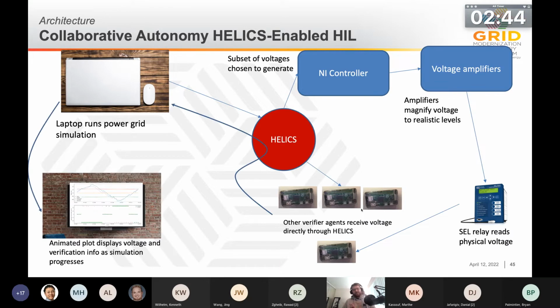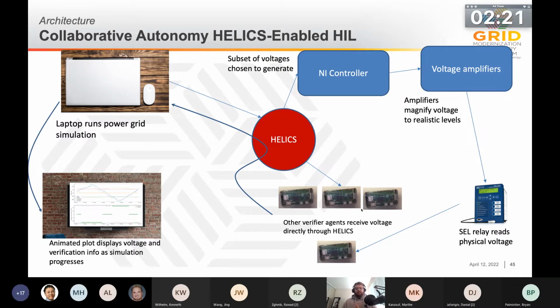Yeah, there we go. Okay, so we have these Raspberry Pis, and some of you might be familiar with them, but for those of you that aren't, Raspberry Pis are very inexpensive microcontrollers, or kind of expensive nowadays because of the chip shortage. We're using these small devices to act as our verifier agents between an RTAC and a distributed energy resource.